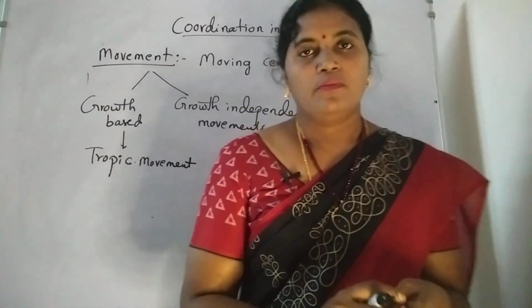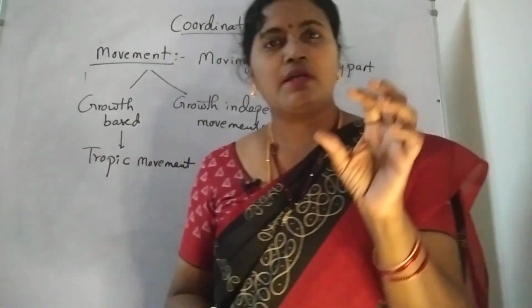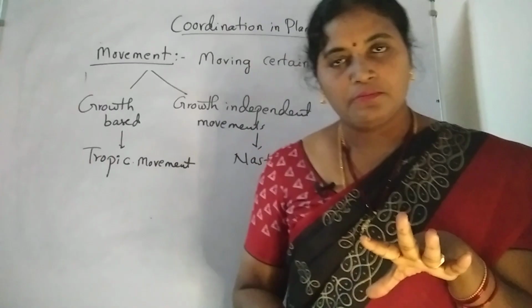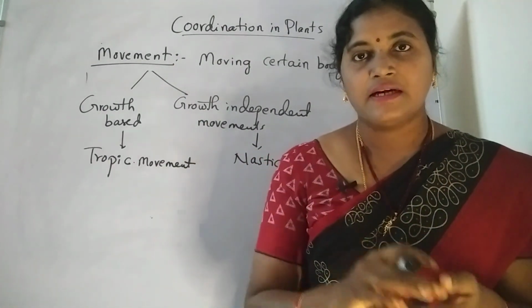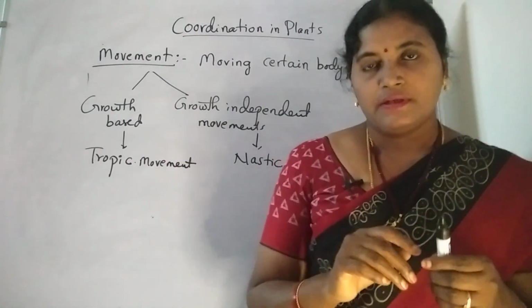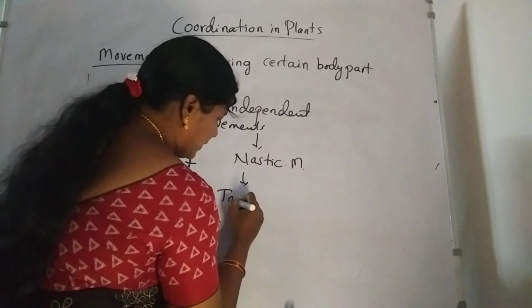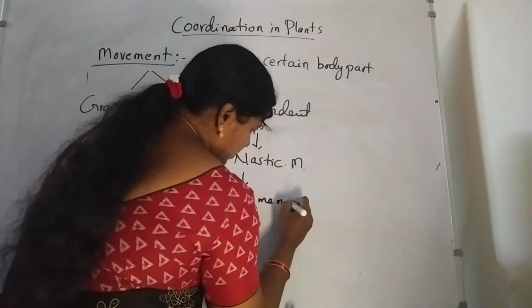Nastic movement means it is responding to a particular stimulus, but it is not compulsory that the movement is towards that stimulus. In the textbook we have a wonderful example: the touch me not plant.